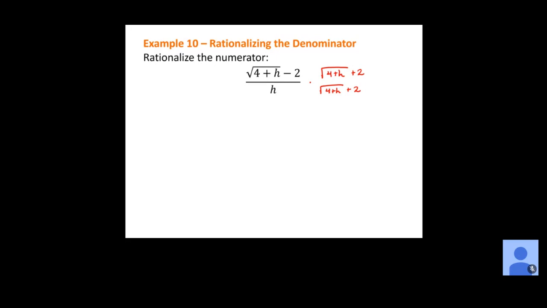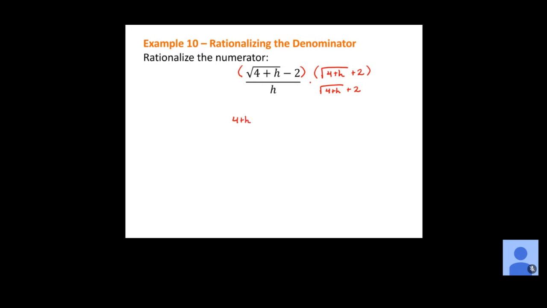All right, now we've got to multiply the numerators together. So again, this is going to be a FOIL, right? We've got 2 terms here, 2 terms here. What are the first terms going to give us if we multiply? Square root of 4 plus h times square root of 4 plus h. Good, right? So that square root and the other square root, the radicals cancel, and we're left with just what's inside.